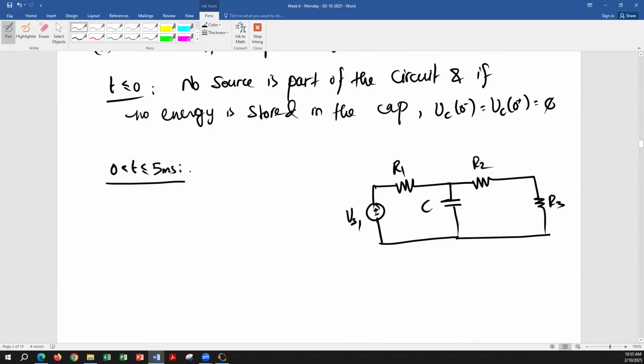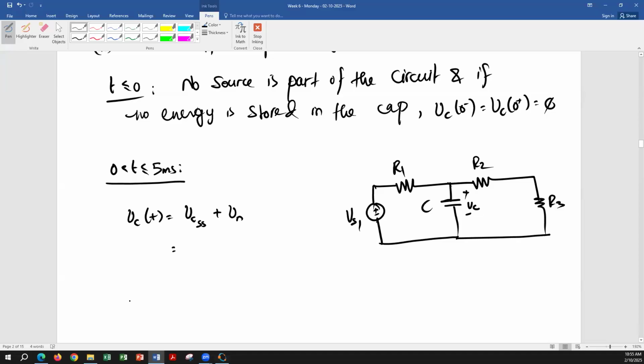So in this circuit, again, we're going to use capacitor voltage is this, VC. So capacitor voltage is going to be the steady state value of the capacitor plus the natural response of the capacitor.